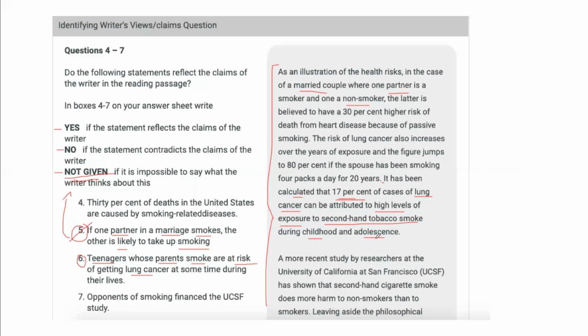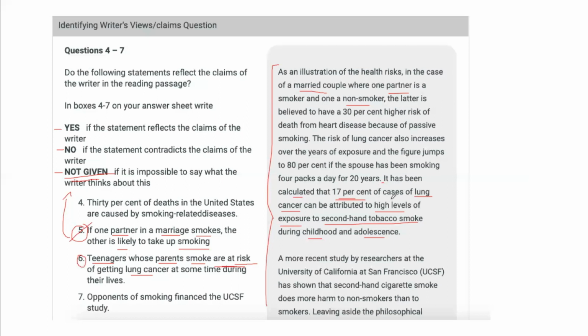So the question statement is also pretty vague in that it doesn't give you a definite time frame, and it states only that teenagers are at risk. It is not specific of the time, and therefore this statement coupled with this information makes this inferable, and therefore we would choose yes, because this statement would go right in line with what the writer has written.